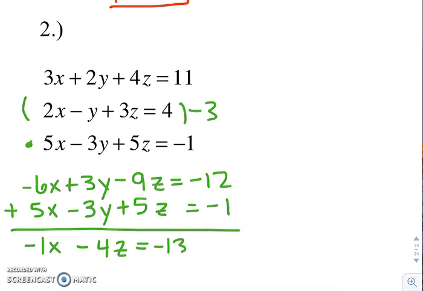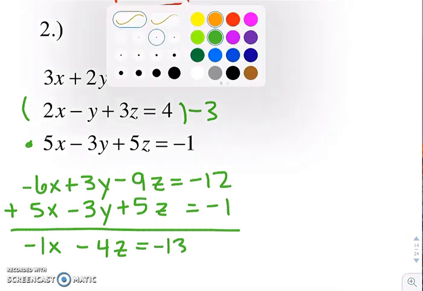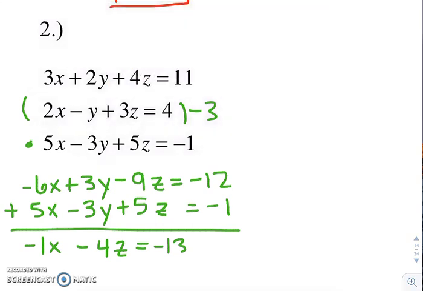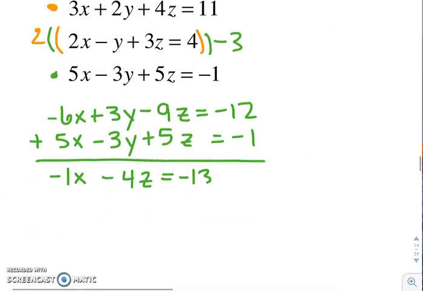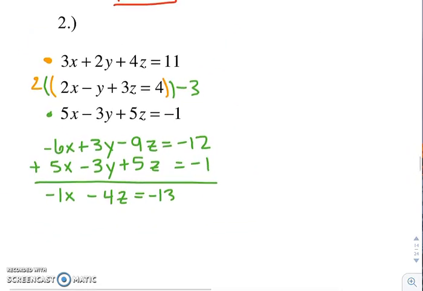All right, and then we got to do the y's again. So I'll use this equation this time and multiply this guy by 2. So let's see, that's going to give us 4x minus 2y plus 6z equals 8.